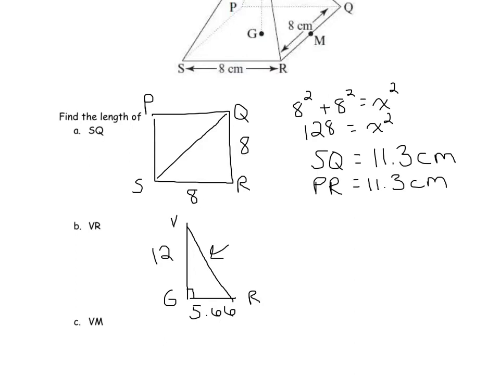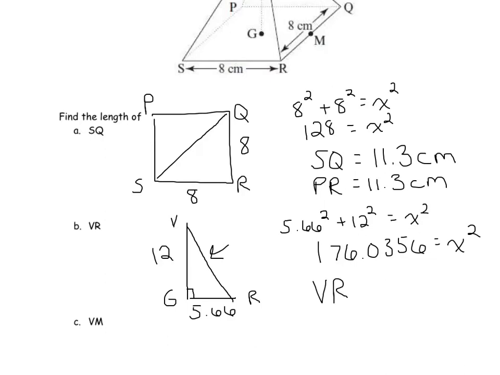Now we can find that length by using Pythagorean theorem. 5.66 squared plus 12 squared equals our distance squared. And notice I don't round until I get to that final answer once I take the square root. And it's 13.267, so that would round to 13.3 centimeters.